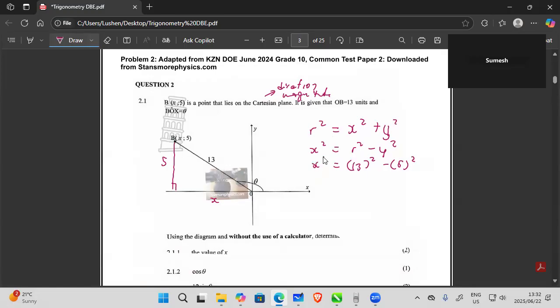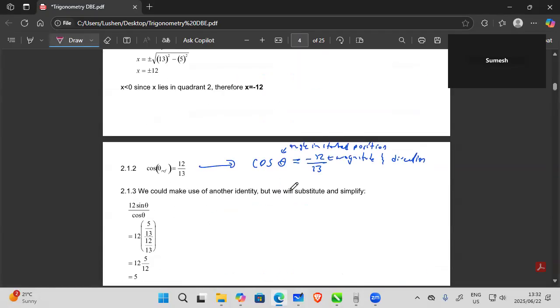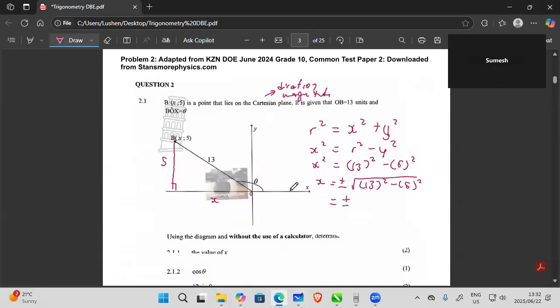If we solve for X, it is equal to plus or minus the square root of. Whenever you are using the square root, make sure you put the plus or minus sign. You can see why the magnitude and direction thing becomes so important here. It works out to be plus or minus 12.